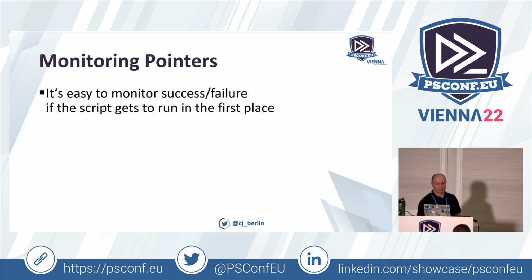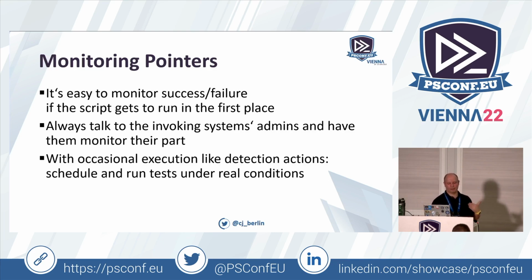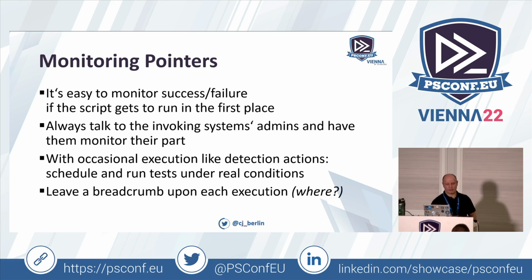One last thing. It's easy to monitor success or failure if the script gets to run. You can't do very much to help the admins of the invoking system to do their part if the script doesn't get to run. What turns out to be a good practice is to leave a breadcrumb.